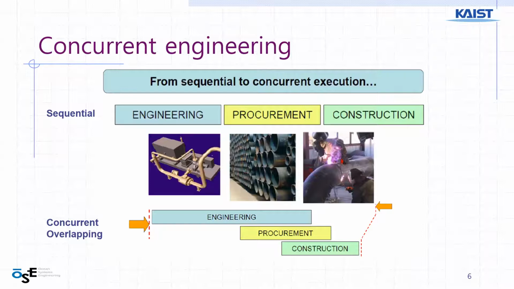But in concurrent engineering, there is some overlapping activity between 3 EPC cycles. Why? They want to reduce time to market. So whole time to delivery is reduced by something like 10% in this figure. That is a big advantage to involve the people, including client and engineering and also EPC.